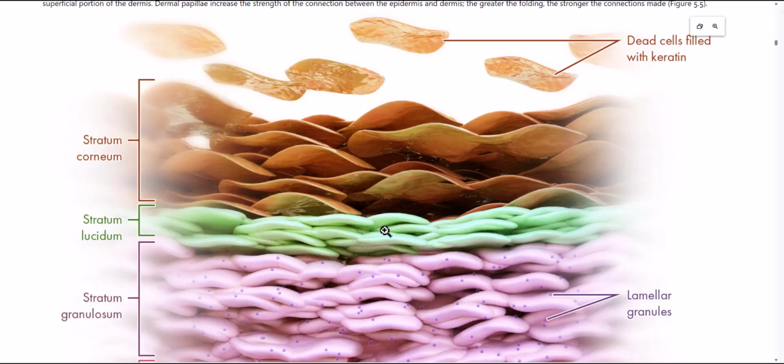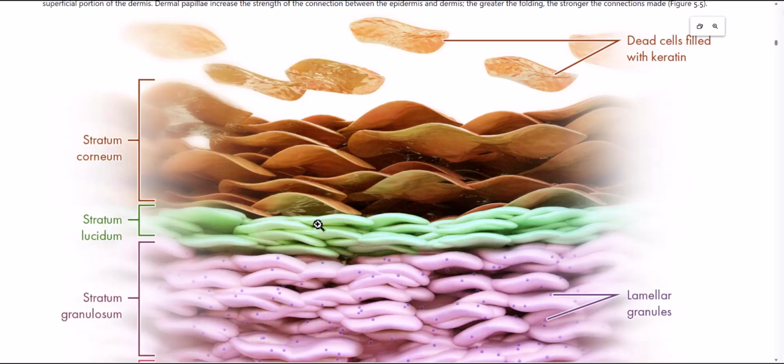The stratum lucidum, this green layer, only found in thick skin, and in our body would not appear green, but it would appear as a translucent, clear layer. And then the top layer, which to me looks like Pringles coming out of a can, these flat, squamous, dead, flaky cells make up the stratum corneum, and these cells are filled with that protein keratin and again are flaking off.